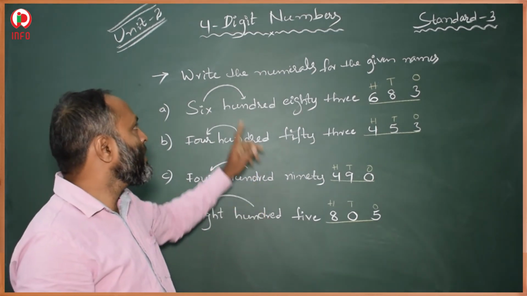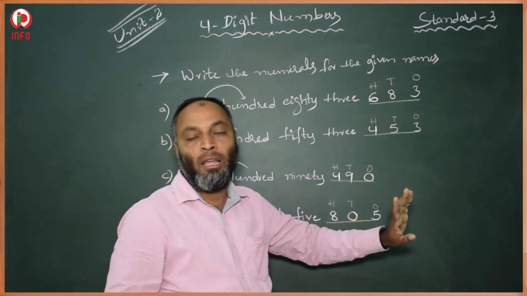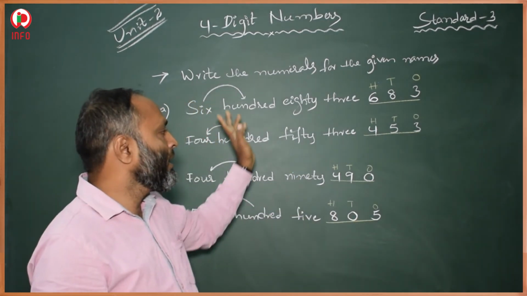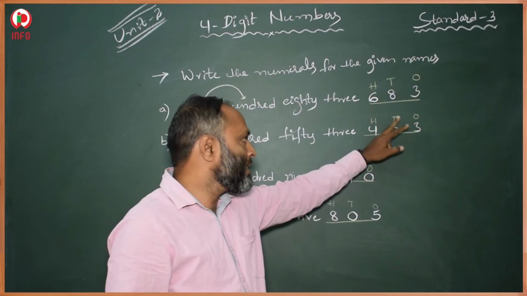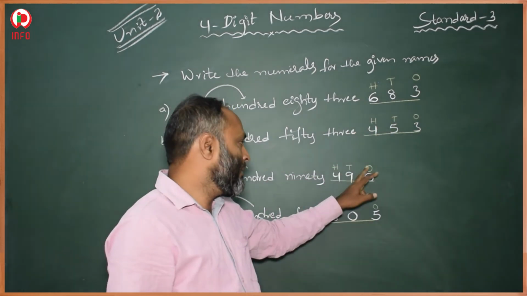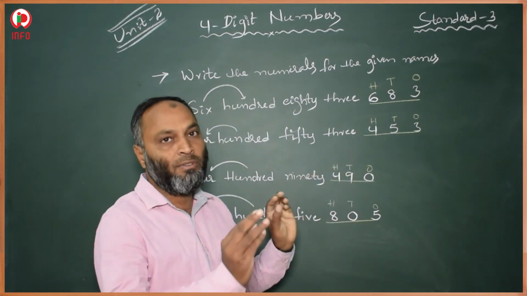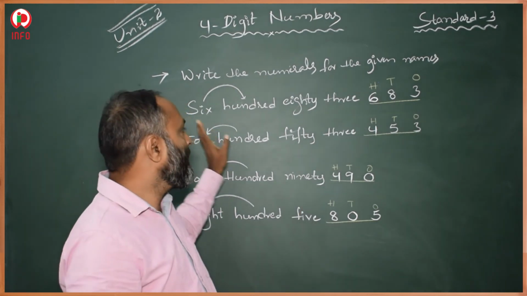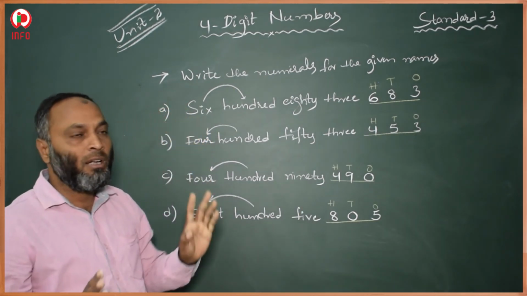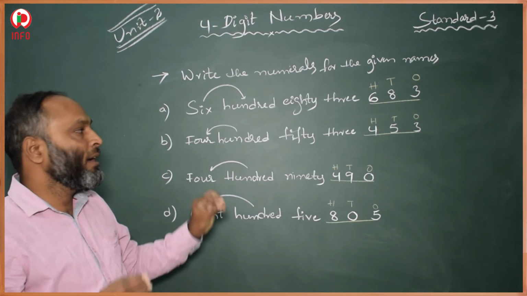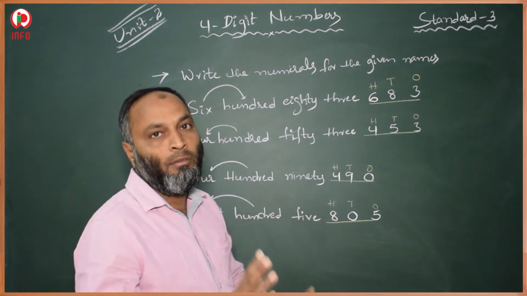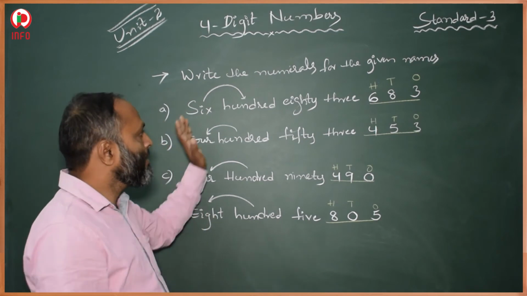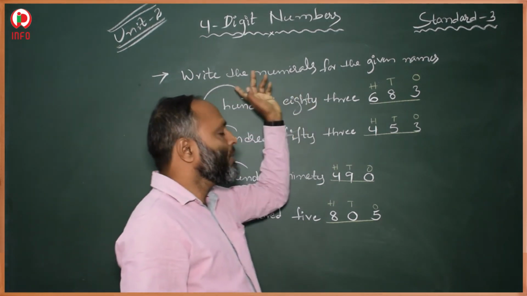In this recapitulation, 3-digit numbers are recapitulated. So ones, tens, hundreds will come. First we arrange ones, tens, hundreds, and after that we check what number comes in the hundreds digit, what number comes in the tens and what number comes in the ones place. In this way we convert the given names into numerals.